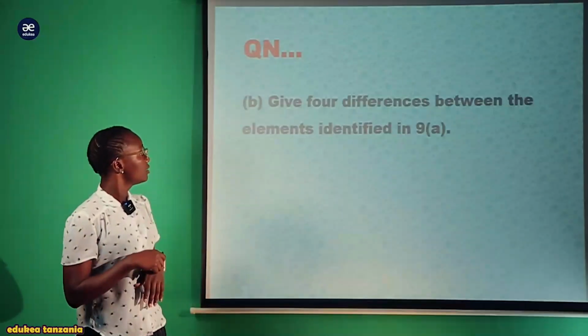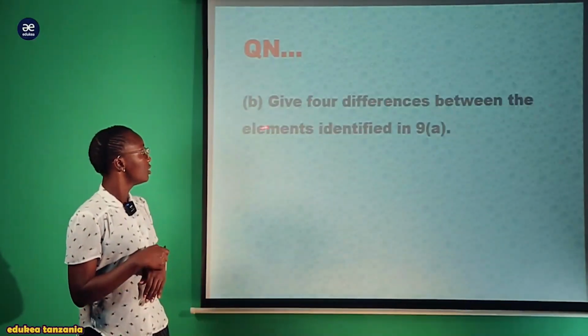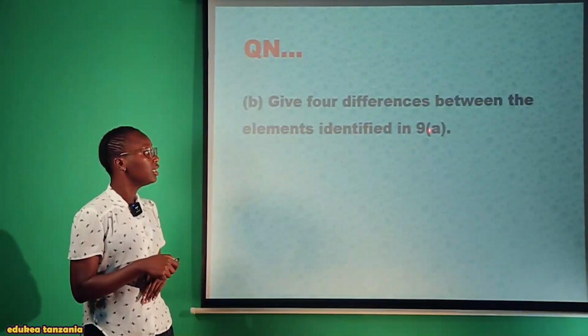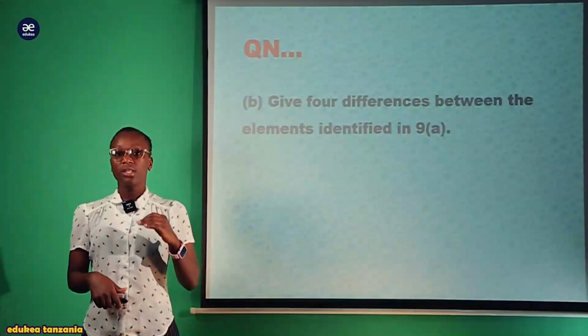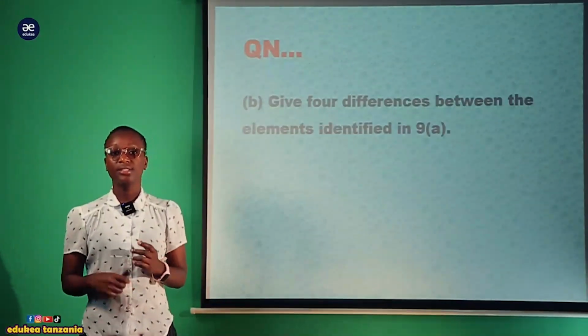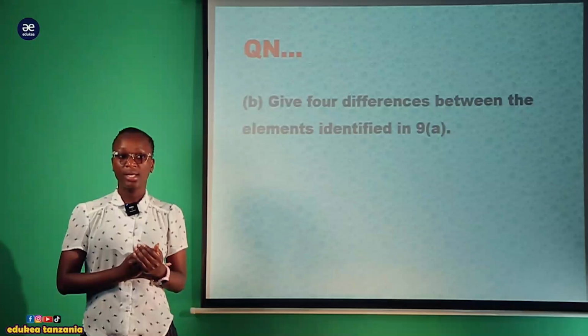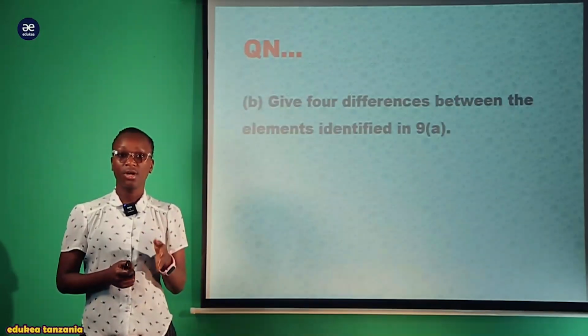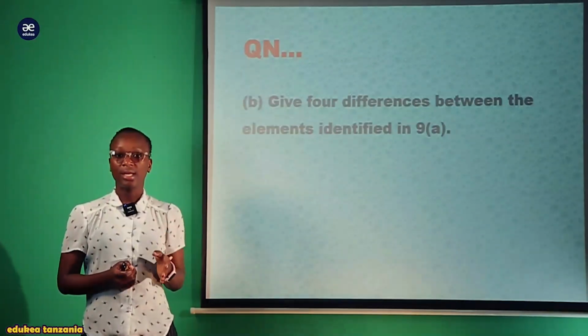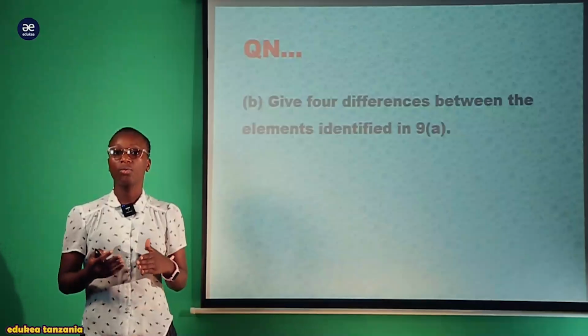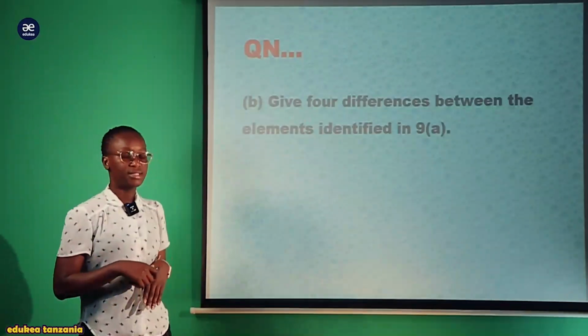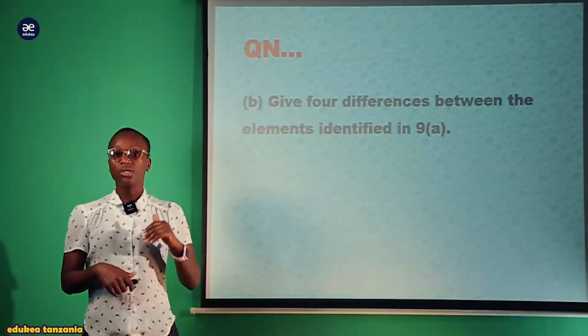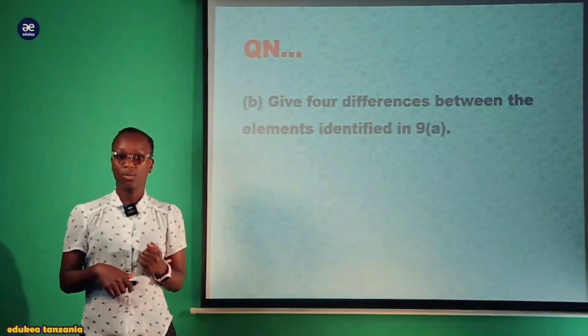So part B states that give 4 differences between the element identified in 9A above. So the question number B, 9A, it depends with the question number 9A. Once you fail to provide the correct response kwenye 9A, utafail pia ku provide the correct response katika 9B kwa sababu swali la B linategemea swali la kwanza.